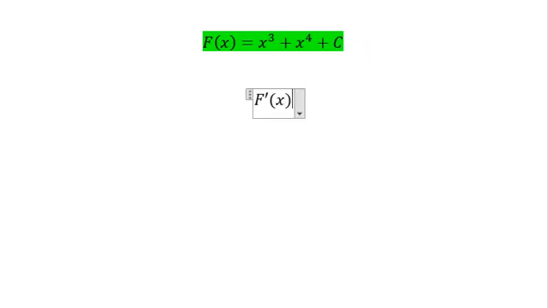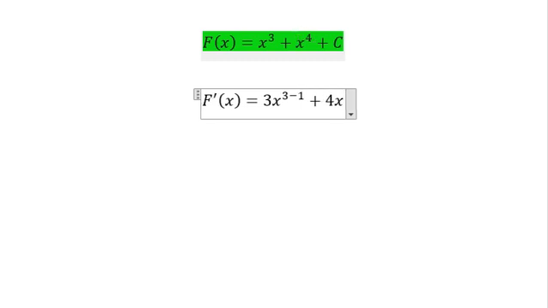F prime of x equals, we move the 3 down, 3x to the power of 3 minus 1, plus we move the 4 down, 4x to the power of 4 minus 1, plus the derivative of a constant, which will always be 0.